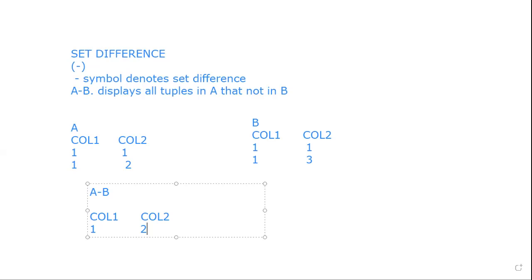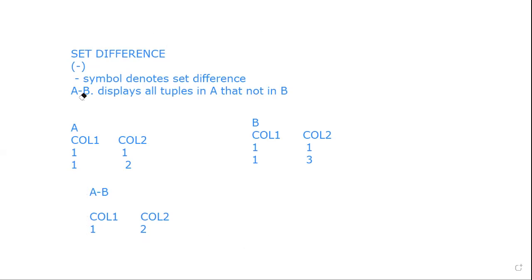That means it will display all tuples that are not in B. This is called set difference.